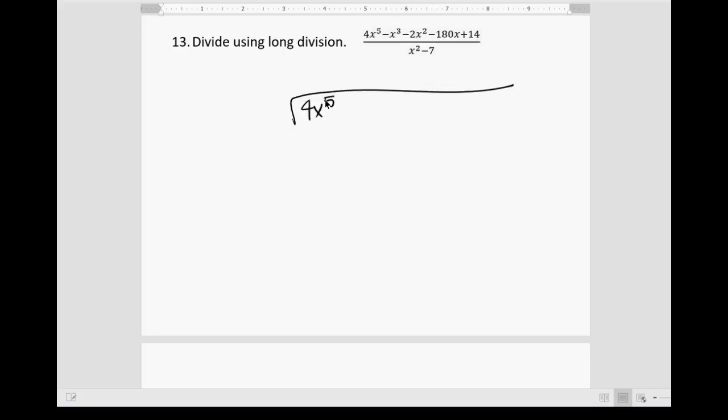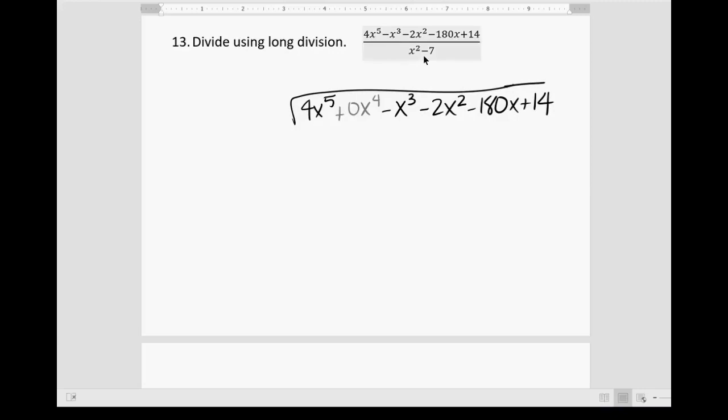So 4x to the 5th, I'm missing that x to the 4th, so I'm going to put plus 0x to the 4th. And then I have minus x to the 3rd, minus 2x squared, minus 180x plus 14.